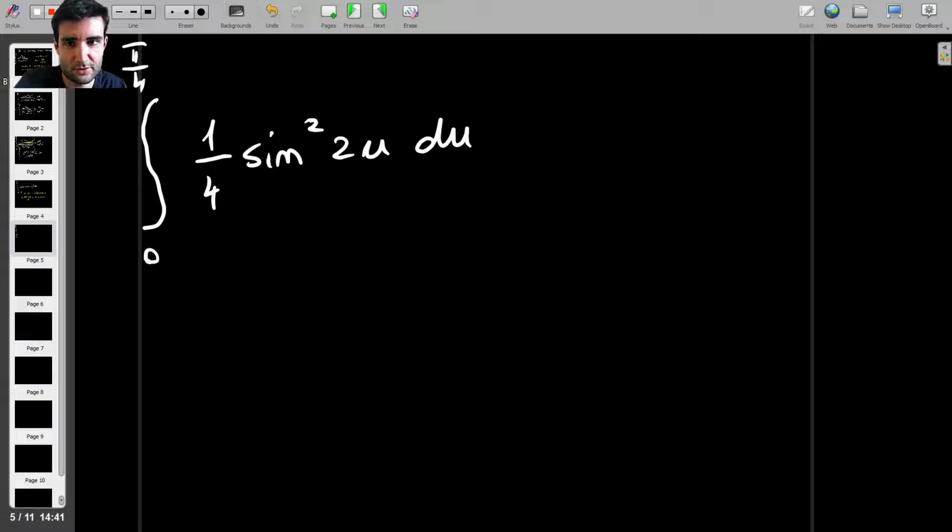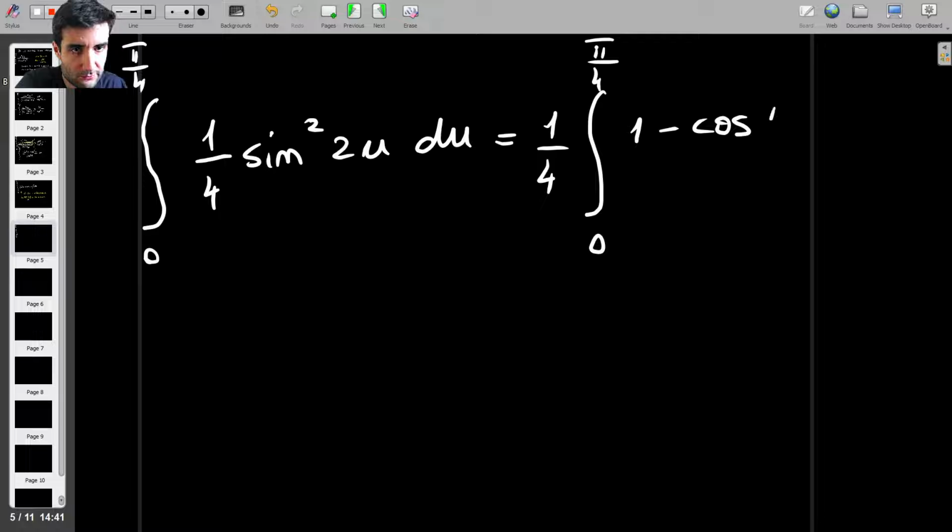We still have one more thing to do, which is to apply the double angle formula. I'm going to take out the 1 over 4 in front of the integral, and sine squared of 2u is going to be 1 minus cosine of 4u over 2 du.